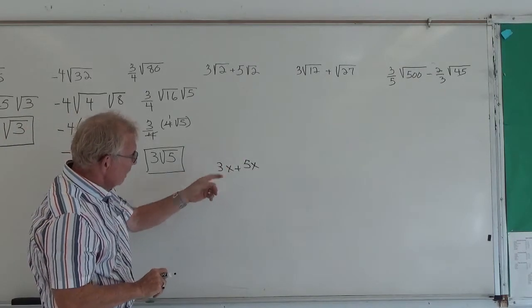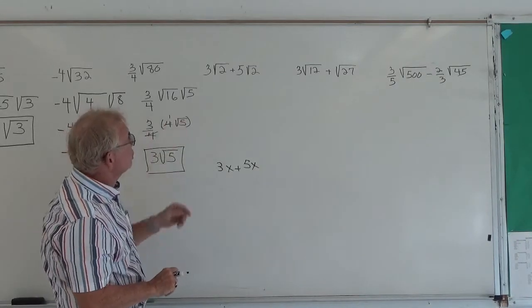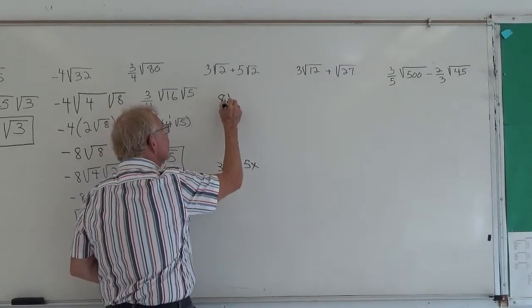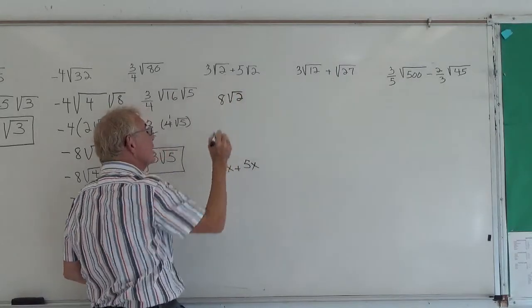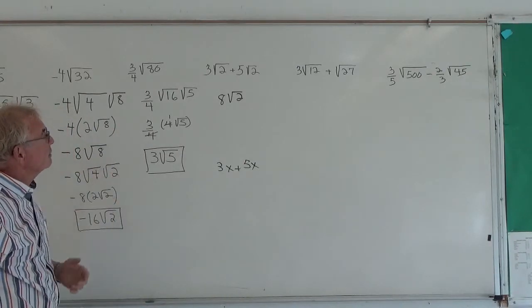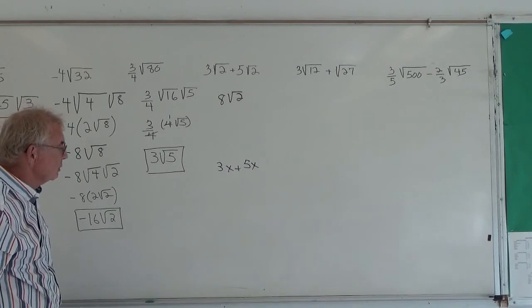So 3x and 5x would add up to 8x. So 3 roots of 2 plus 5 roots of 2 would add up to 8 roots of 2. So just think of that square root as maybe the apples. They're like terms. 3 radical 2 plus 5 radical 2 is 8 radical 2.